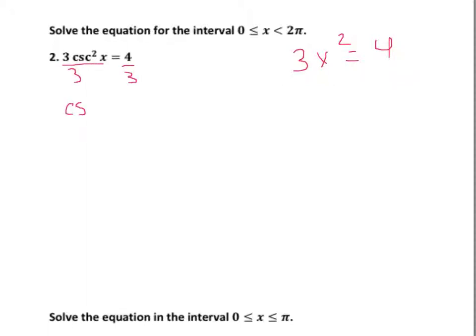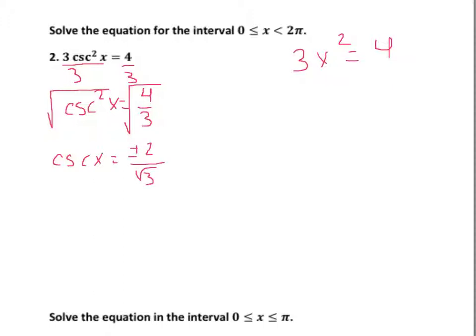You get cosecant squared x equals 4 over 3. And then, what do you do? Here's the thing, though. We don't know cosecant. Well, we can square root it. So you get cosecant x equals plus or minus 2 over the square root of 3.